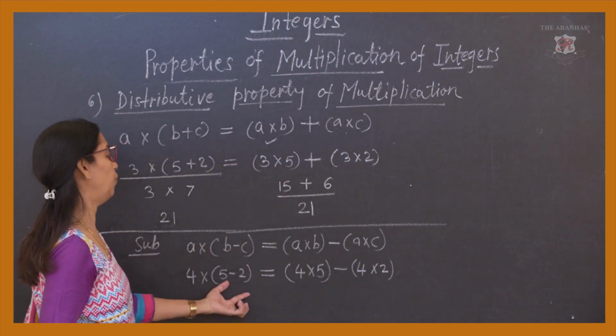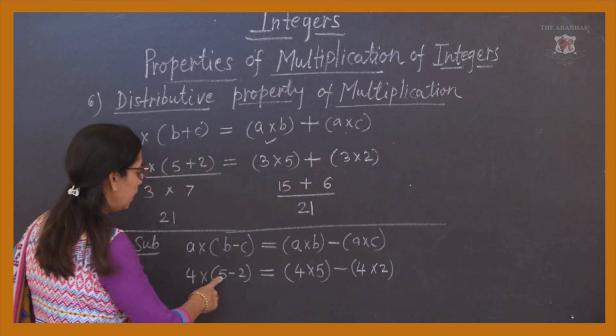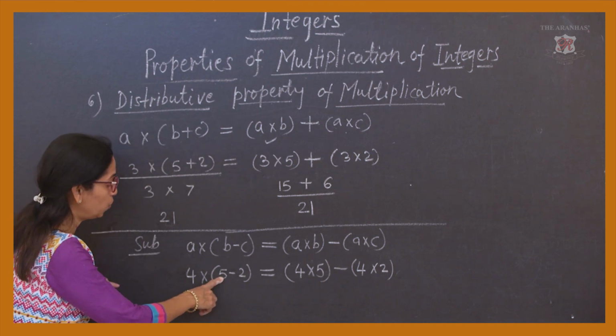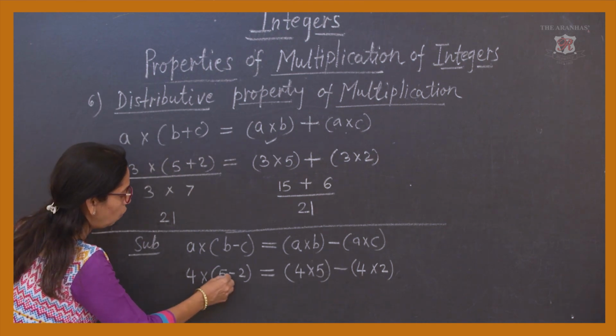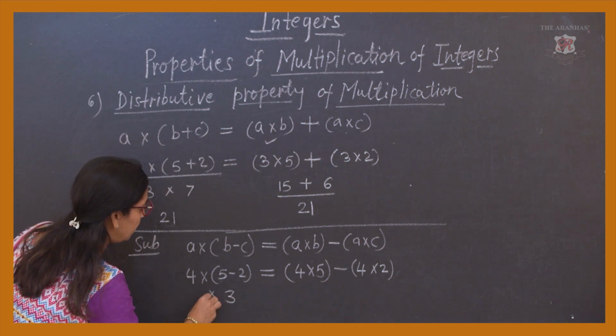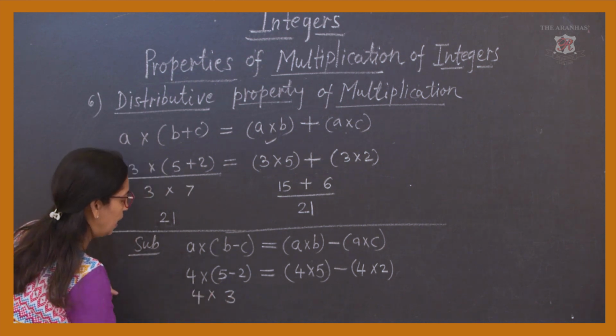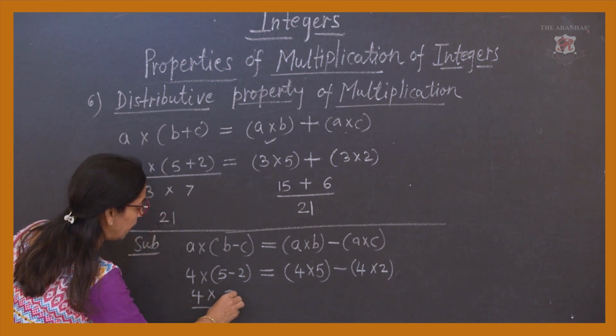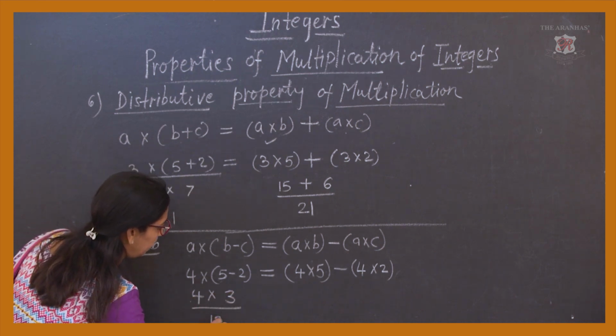So this is over the subtraction. Now when you subtract 2 from 5, or solve the bracket, you will get the answer 3 and 4 as it is, and on multiplying 4 into 3 you will get 12.